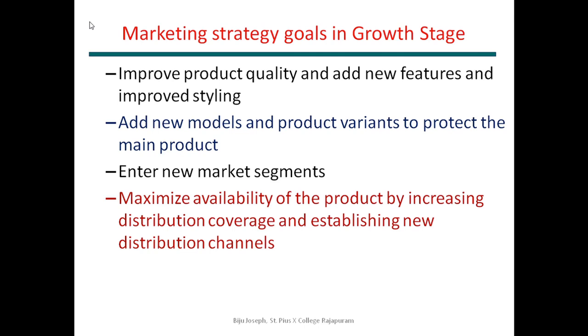Therefore, you have to maximize availability of your product, and that can be done by increasing distribution coverage and establishing new distribution channels. You may identify new distribution channels that can be used to sell your product. And similarly, you have to increase the coverage of your existing distribution system also during the growth stage.